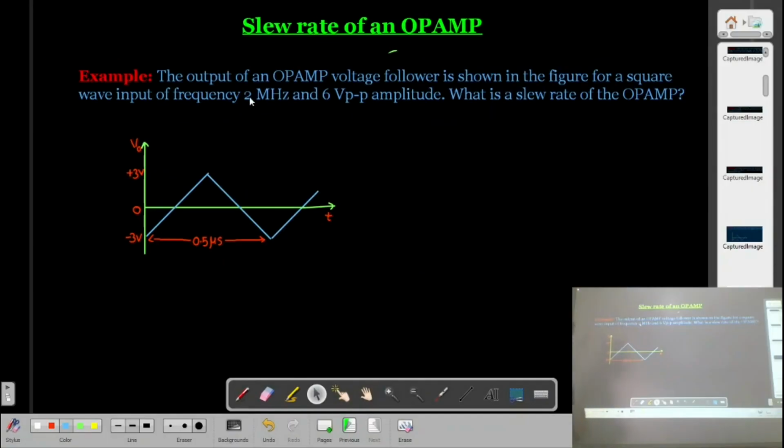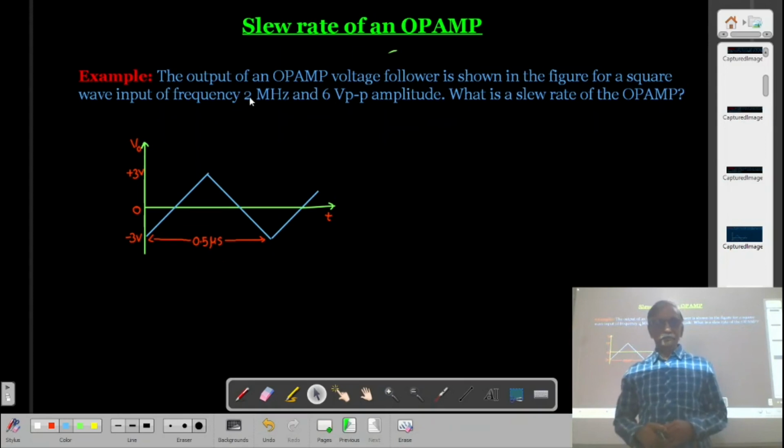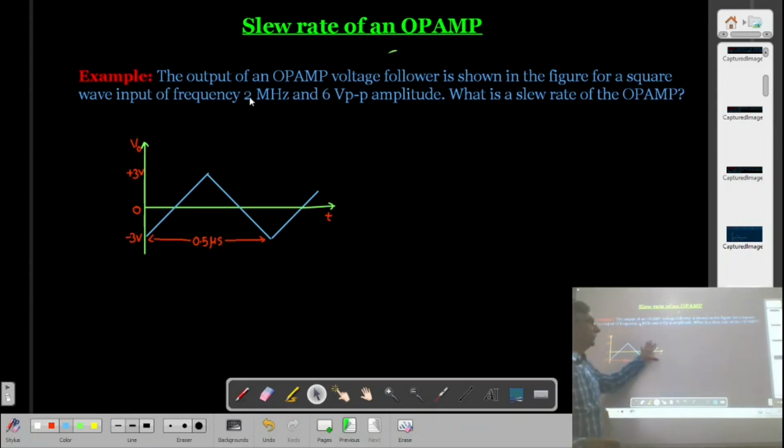Here the output waveform of the operational amplifier is given. What is the problem? The output of the op-amp voltage follower is shown in the figure, for a square wave input of frequency 2 megahertz and 6 volt peak to peak amplitude. What is the slew rate?